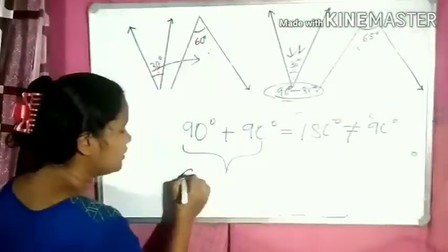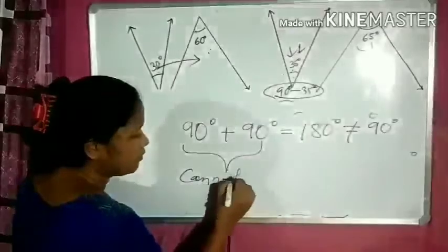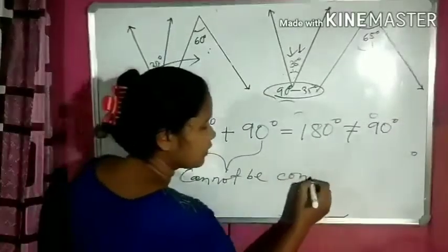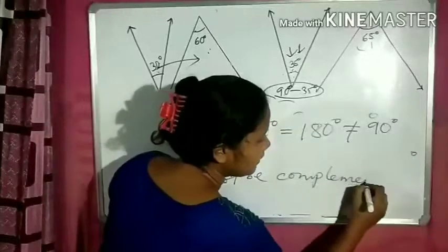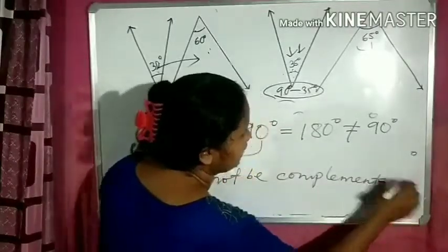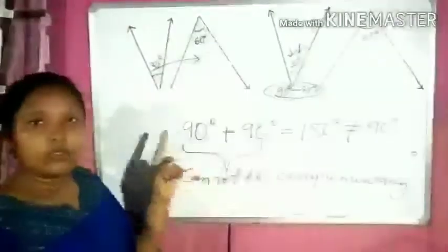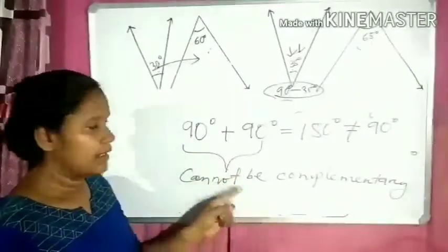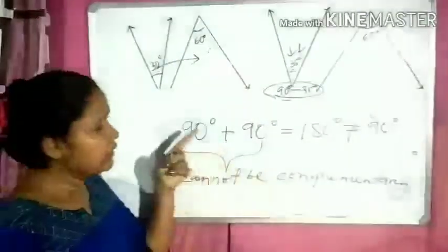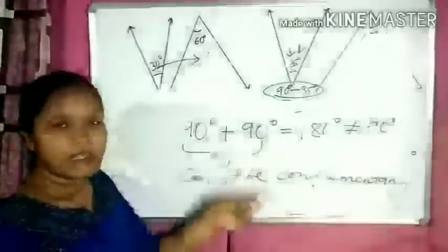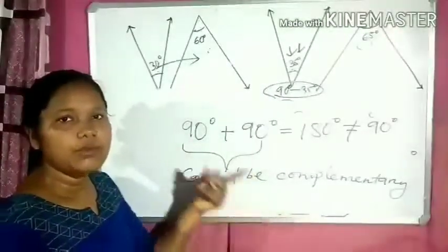So these cannot be complementary. So no two right angles can be complementary, or you can say that two right angles cannot be complementary to each other.